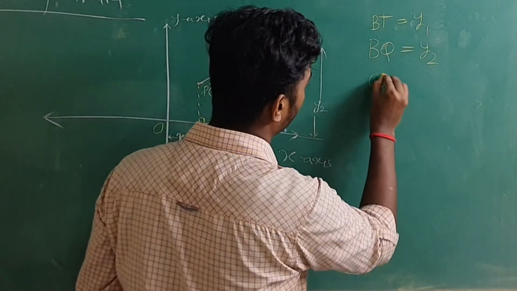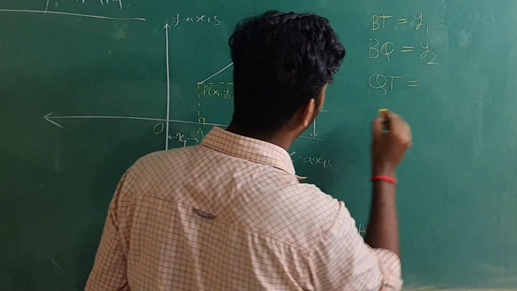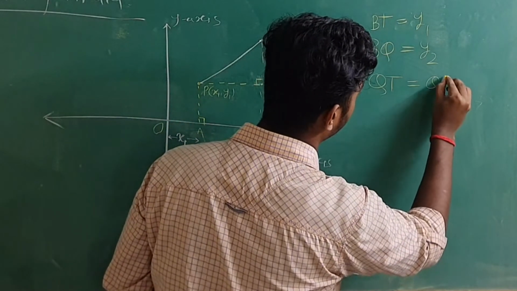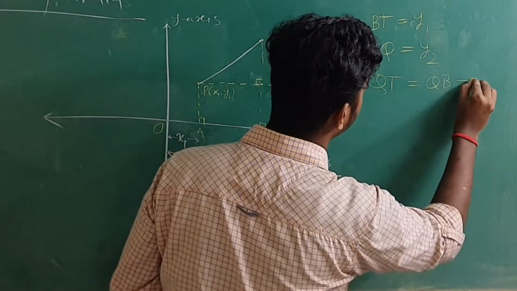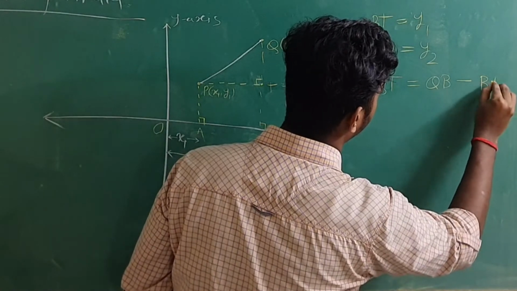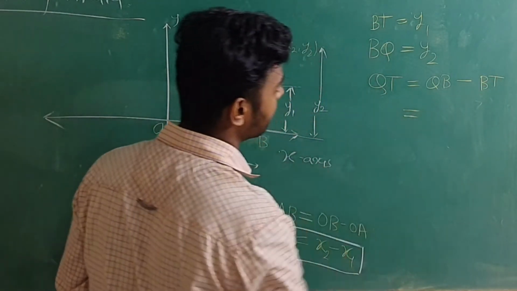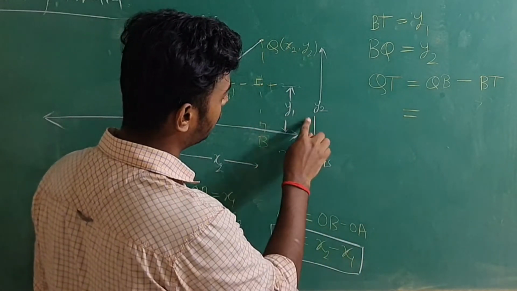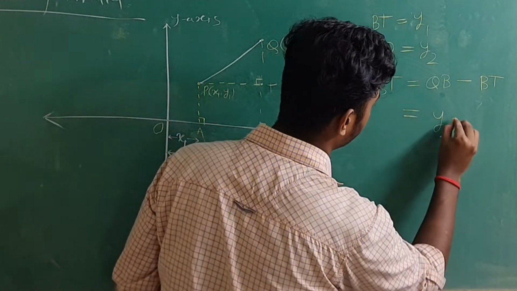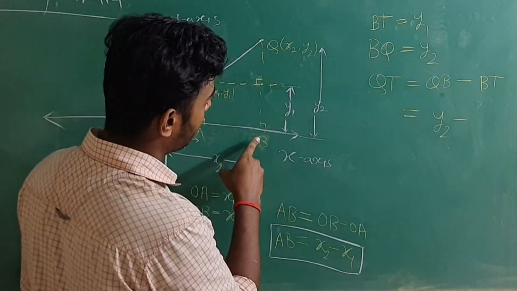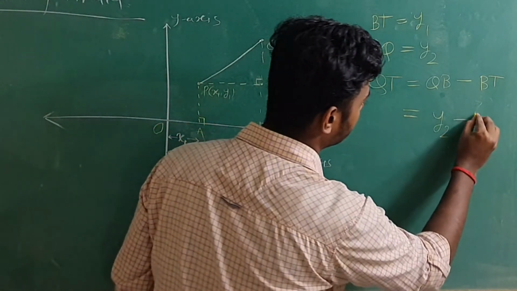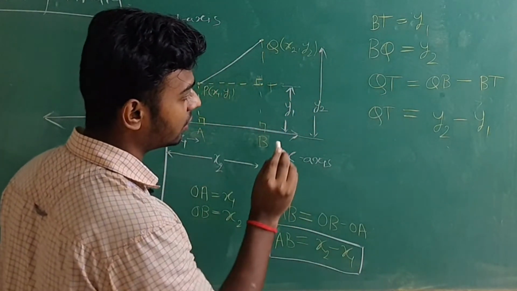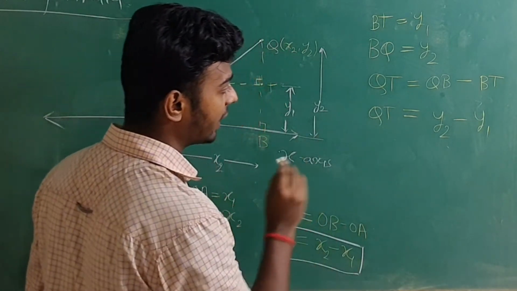So QT is QB minus BT. QB is y2 and BT is y1, so QT becomes y2 minus y1.